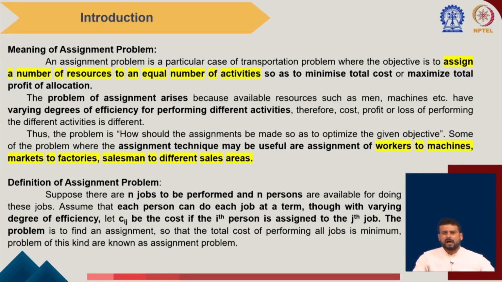This is required because we are limited with resources. If we are talking about manpower, machines or factories, we are limited with capacity. So how to assign workers to machines, how to assign markets to different factories from where the material can be transported, and salesmen to different sales areas. It is not only the requirement of that particular activity or job, the conditions also lie on the resources side.